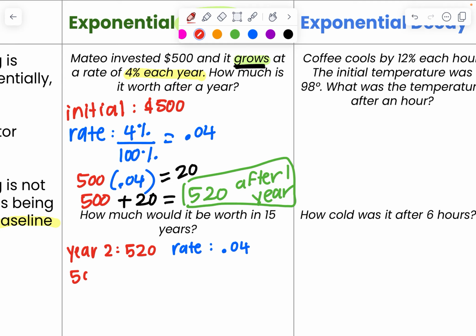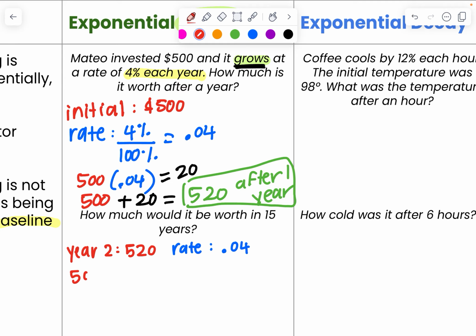And that will give me how much my money grows at year 2, right? So when I do that, I get 20.8. It's a little bit bigger, right? So now I'm going to have to take my $520 and add my $20.80 and get my final amount of $540.80 after year 2. And then I would repeat the process again.